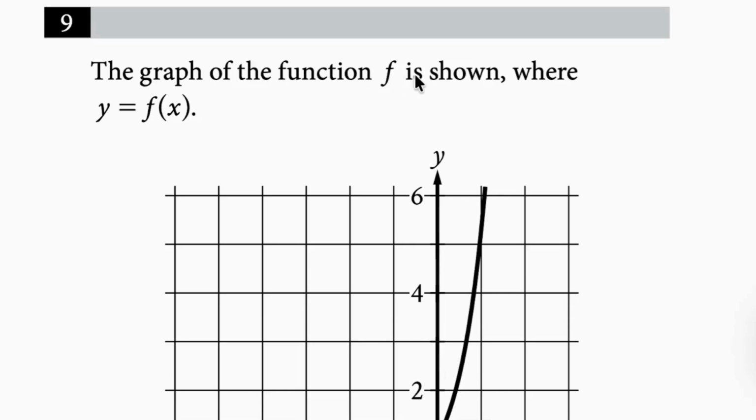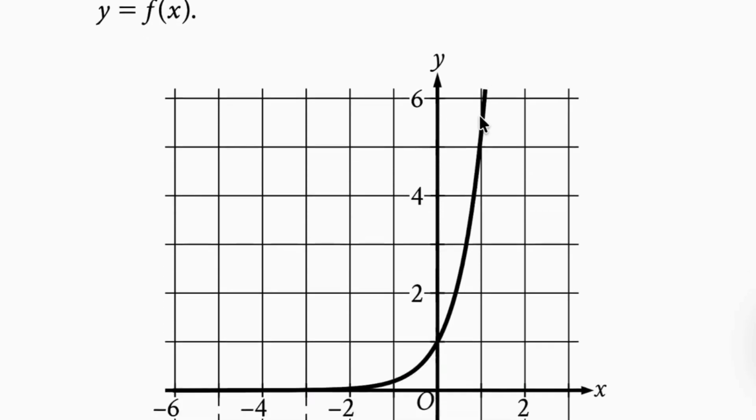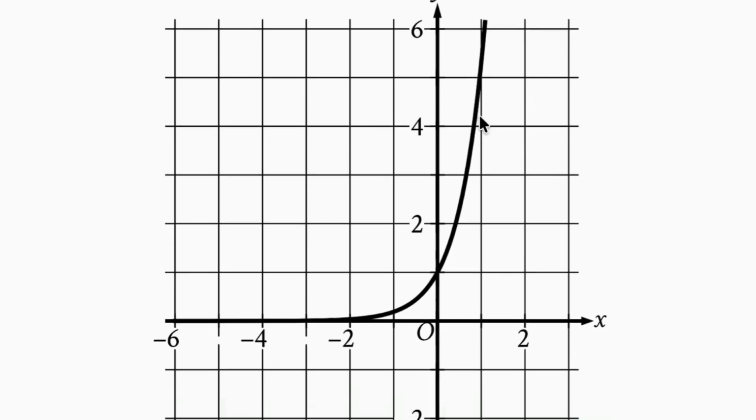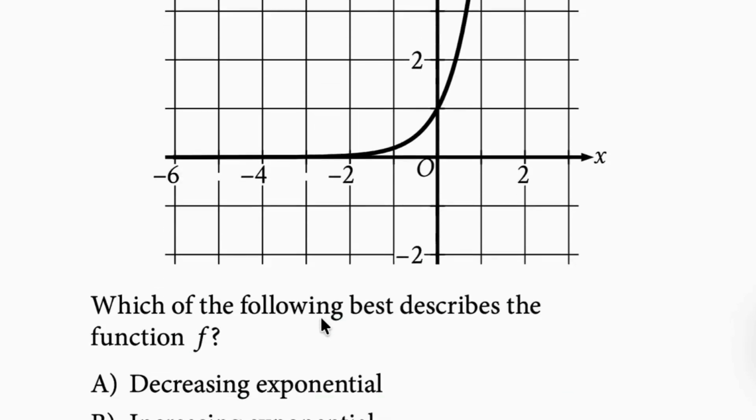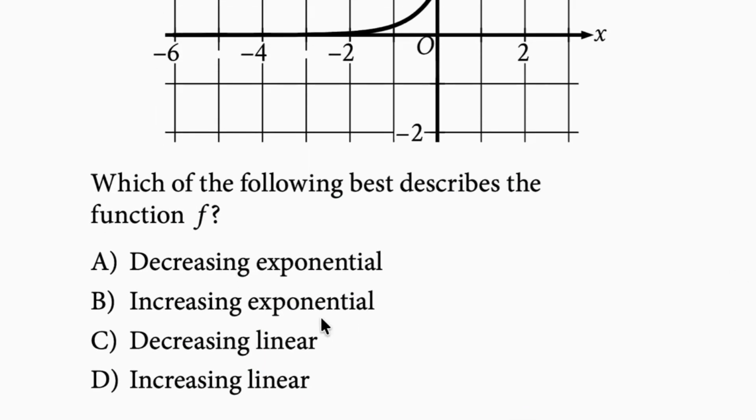The graph of the function f is shown, where y is equal to f(x). Okay, so this is the graph of an exponential function. Now let's see what the options are. Which of the following best describes the function? Here we have two concepts. One is decreasing or increasing, and another is exponential or linear.